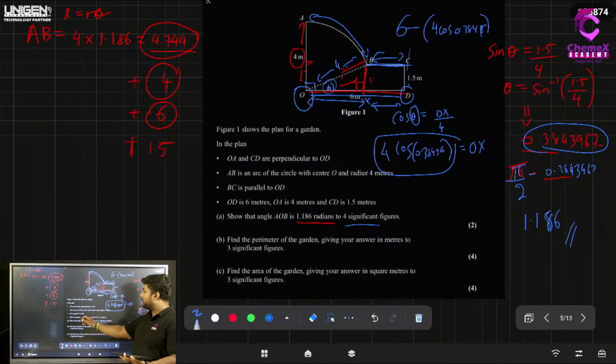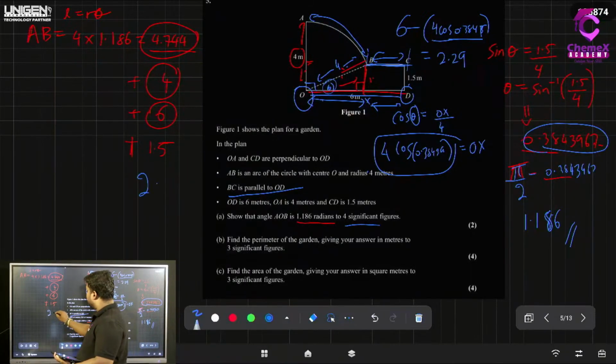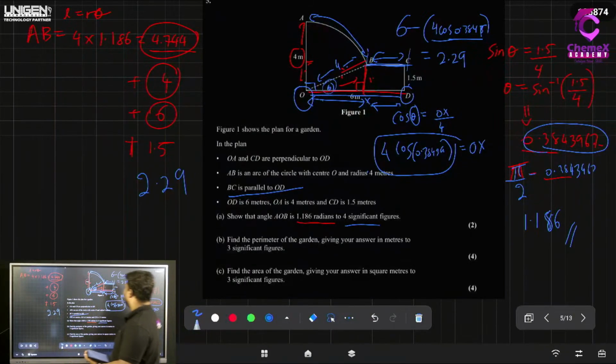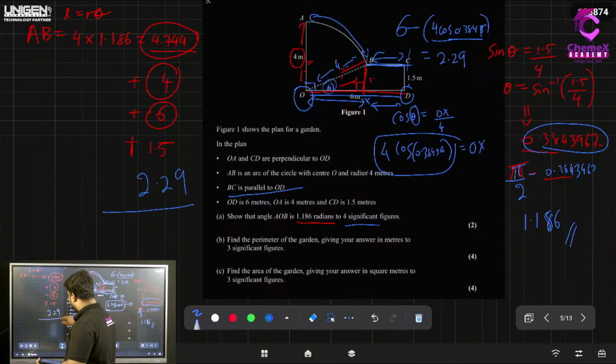The reason is they are parallel, BC and OD. So what's the answer you get when you subtract this? You have to make sure you're in radians when you type this. So that's going to be 2.29. So I found the BC length.